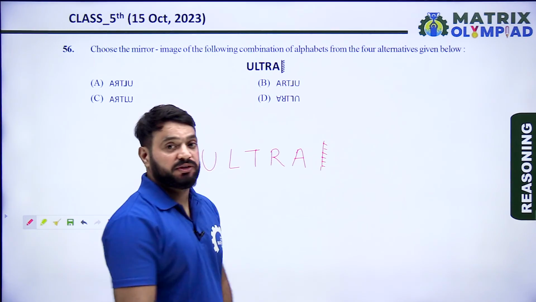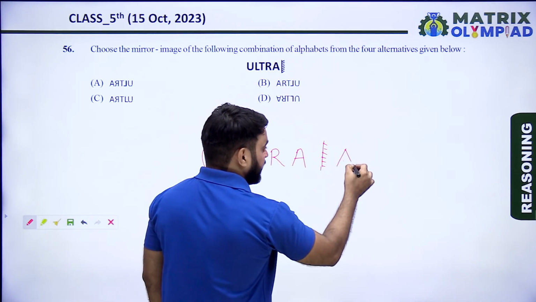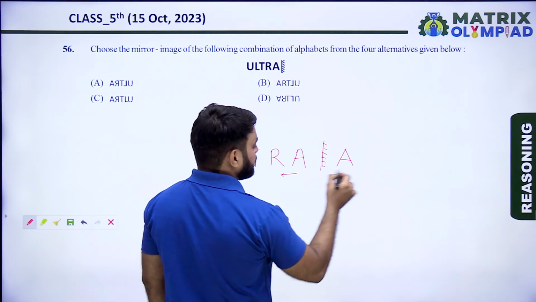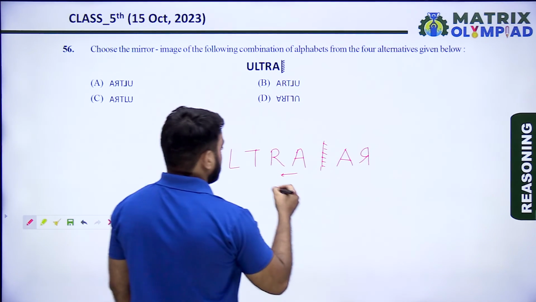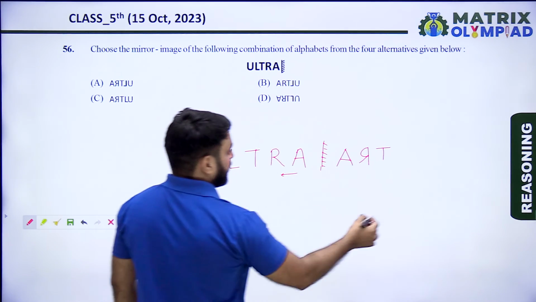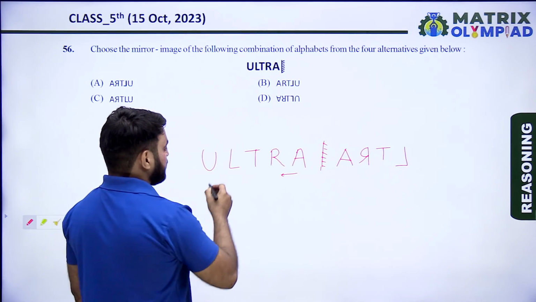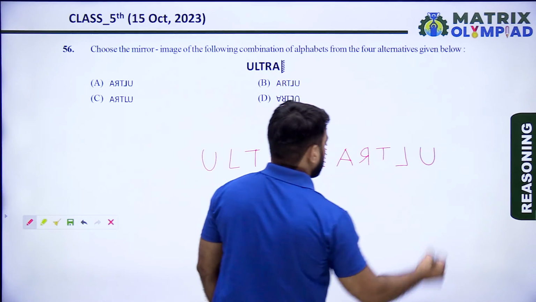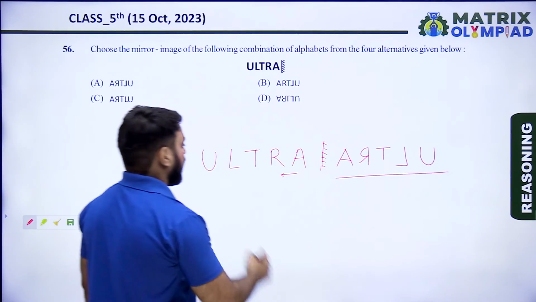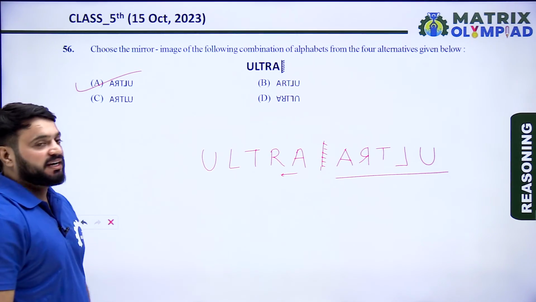First we will find the mirror image of A, then R, then T, then L, and last the mirror image of U. So this is the correct mirror image of ultra. It means option A is the correct answer.